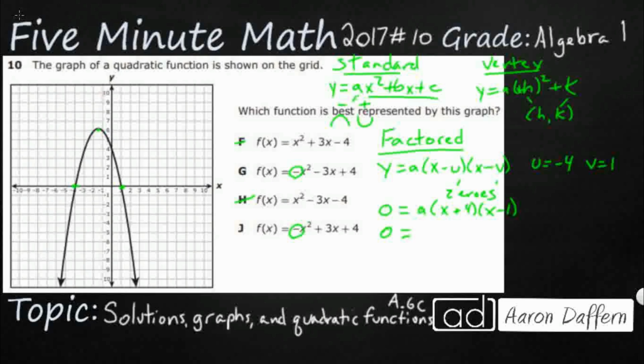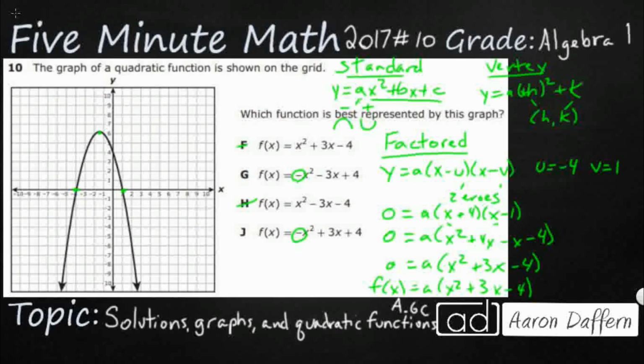Now we need to FOIL out these binomials, so that's x squared plus 4x minus x minus 4. So really it's just going to be x squared plus 3x minus 4.